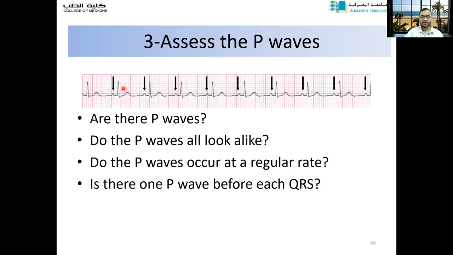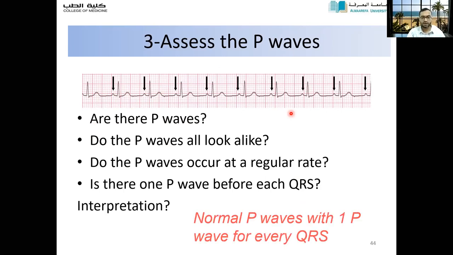So it's giving us an idea that it's not only originating in the SA node, but also following the normal path. So this is a very important step you are doing in terms of arrhythmias. So interpretation, we can say normal P waves with one P wave before each QRS complex.